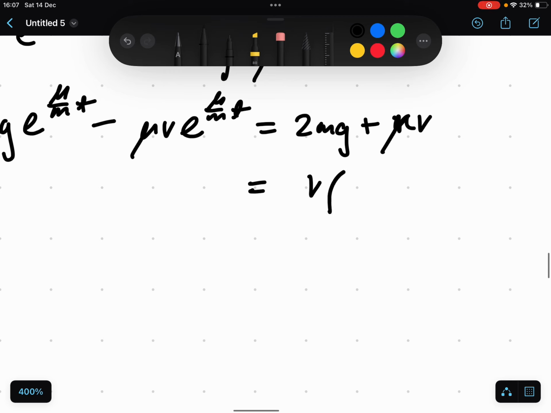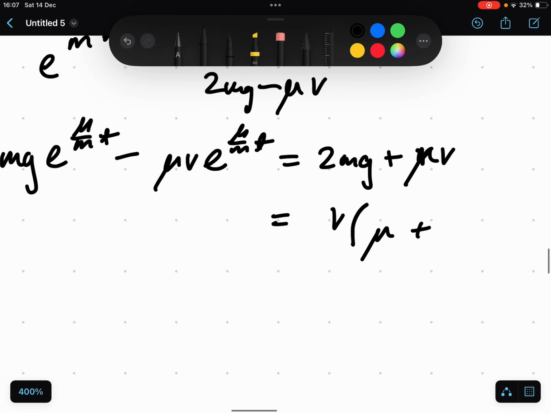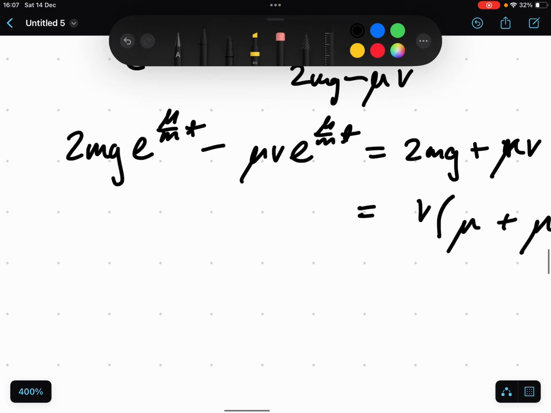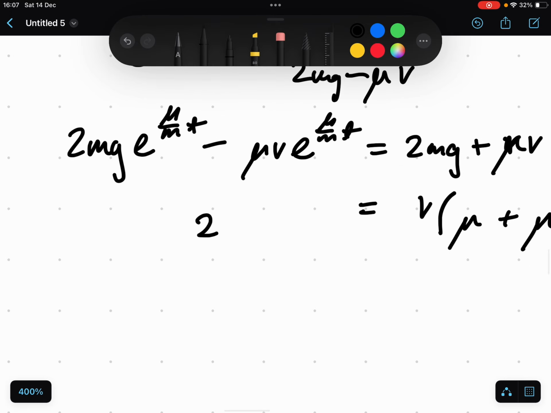So we take out the factor v, and then we get mu plus mu e to the mu over m t. And then just take the other bit of it, so 2mg e to the mu over m t minus 2mg.